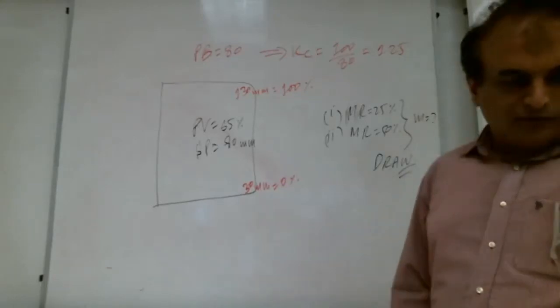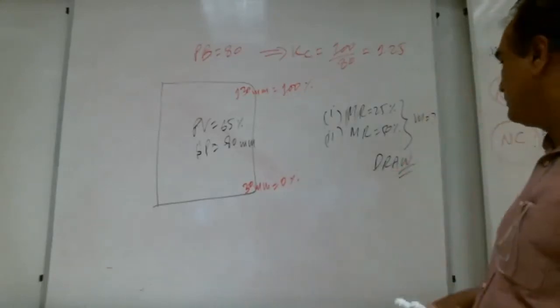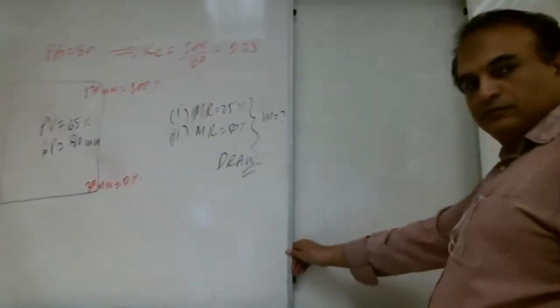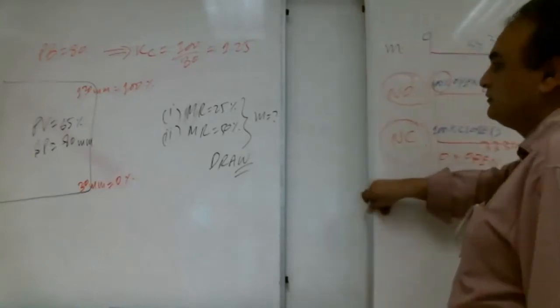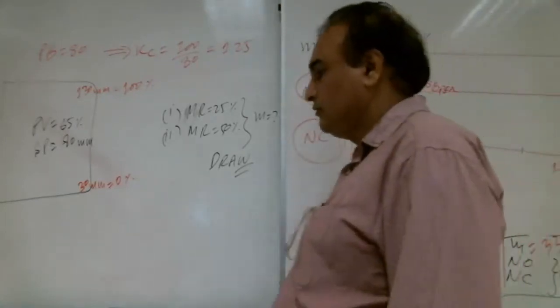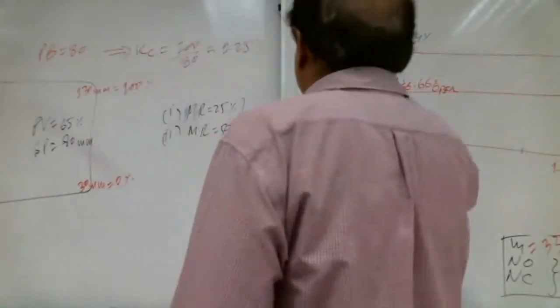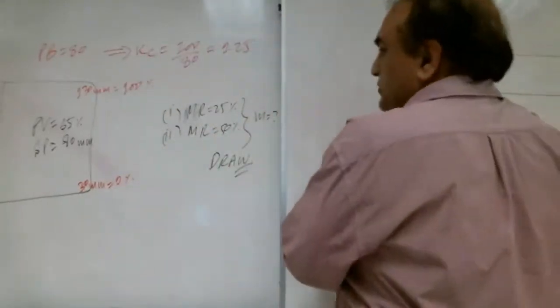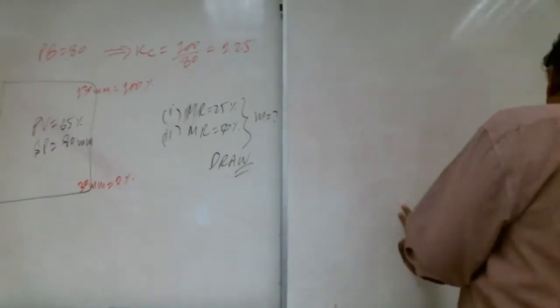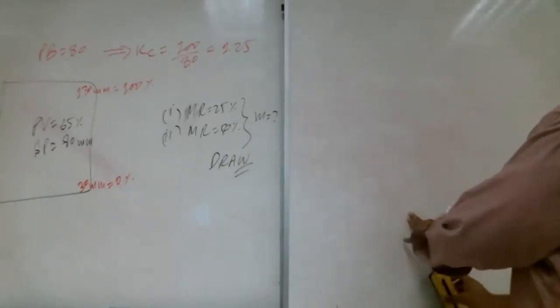Yes, Shabab. What should be our first step? How should we start it? Convert 80 millimeter to percentage. Very good. This brother is telling us to convert the 80 millimeter into percentage because we need the error.